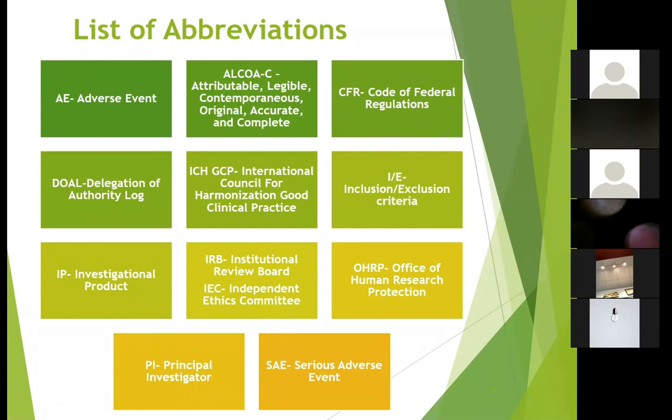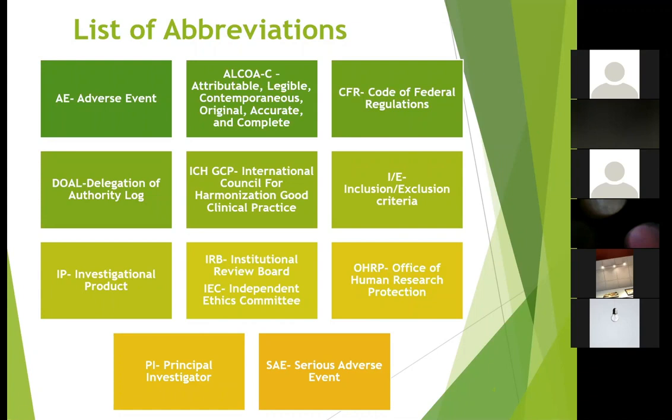AE is adverse events that we assess for, and in session 9 we will discuss event reporting in more detail. ALCOA C stands for attributable, legible, contemporaneous, original, accurate, and complete. We use these guidelines when we document in our research records and entries.